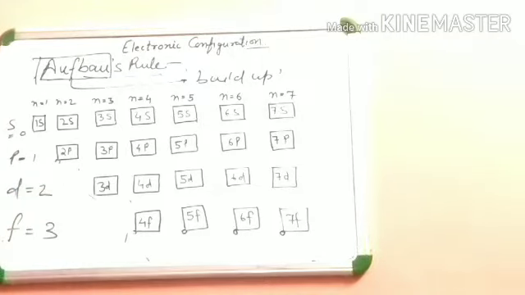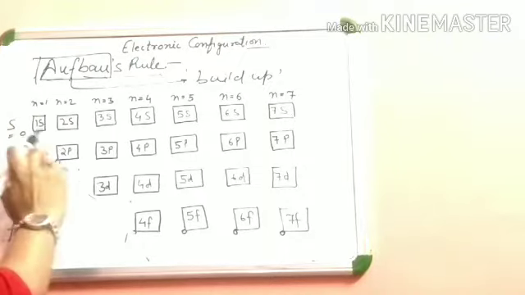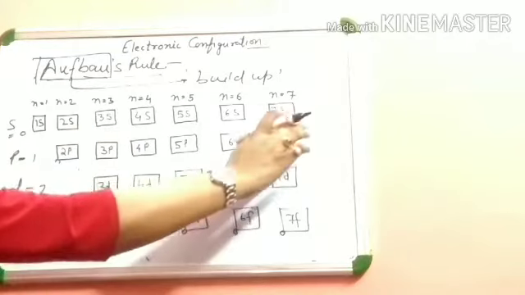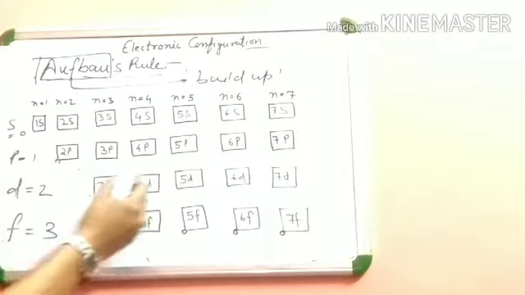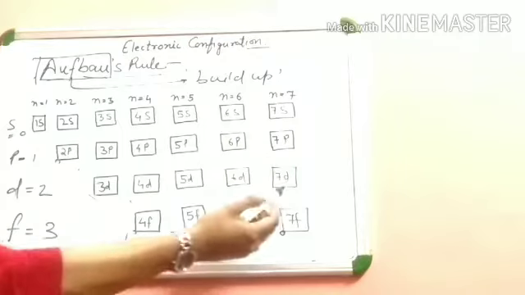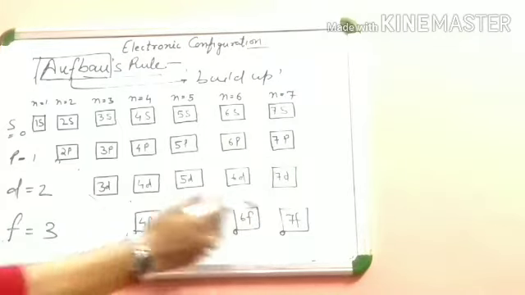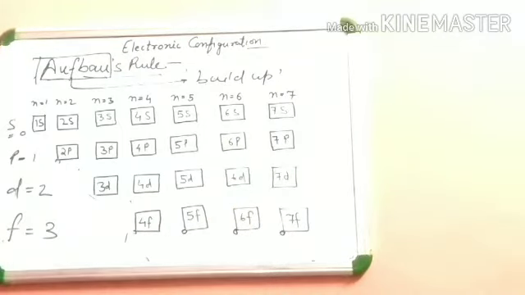Now see N plus L. For 1s, N is 1, L is 0, so 1. For 2s, N is 2, L is 0, so N plus L is 2. So this is the order: 1s, 2s, 3s, 4s, 5s, 6s, 7s; then 2p up to 7p, 3d up to 7d, 4f up to 7f. So the order of energy is in this manner.